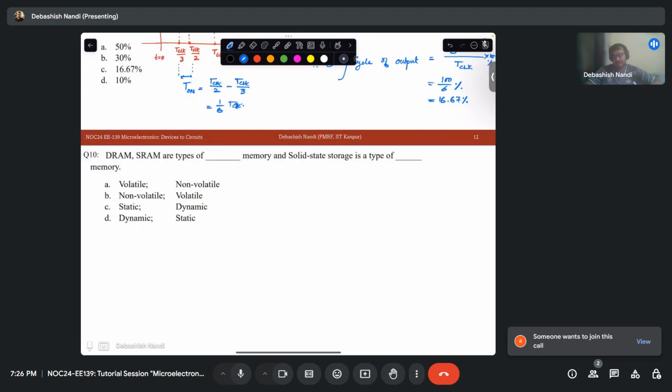So DRAM and SRAMs are types of memory, and solid state storage is a type of dash memory. Okay. So to understand this question, you need to understand the memory hierarchy. Okay. So what is memory hierarchy?